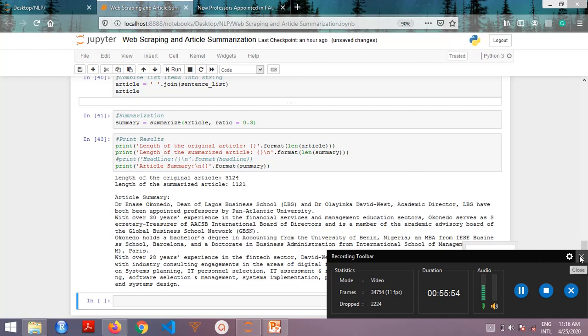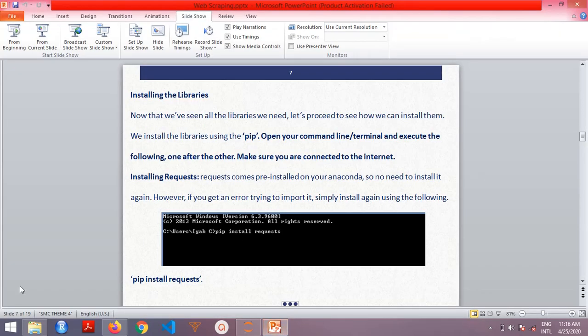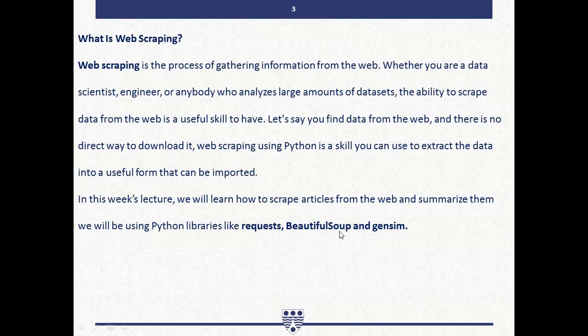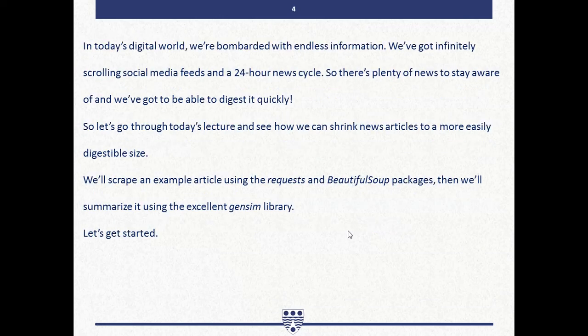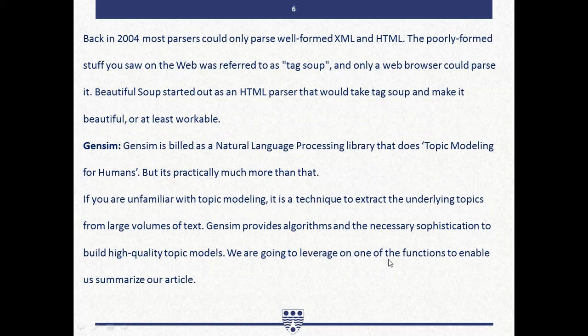All right, so cool. Now let's go back to our slide and see what we did so far. We understood what web scraping is, simply a process of extracting information from the web. We looked at some of the libraries we are going to be using: the request library, the Beautiful Soup library, the GenSim library, which is used for summarization.